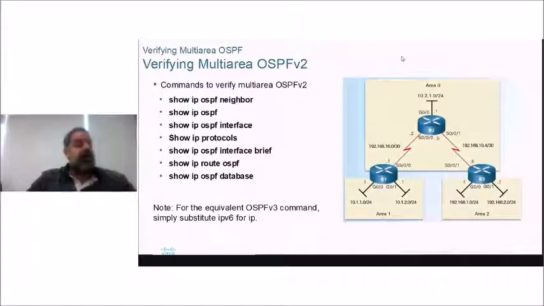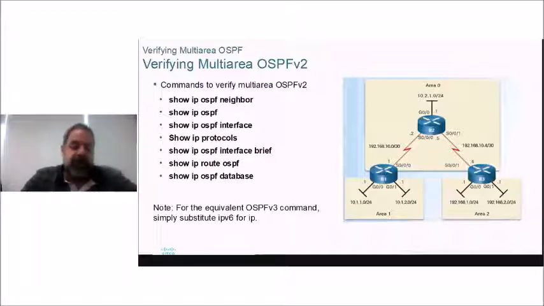And so how do we verify it? So show IP OSPF neighbor by all means. Show IP OSPF interfaces isn't bad. Show IP protocols is always good. Of course, show IP route. That's always useful. Of course, the OSPF on the end means it will only show you the routes learnt from OSPF.